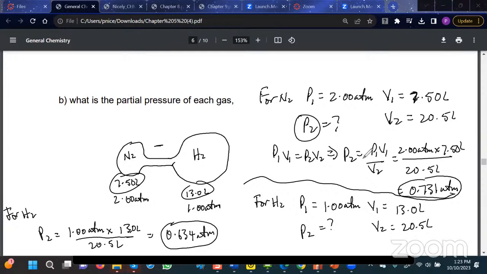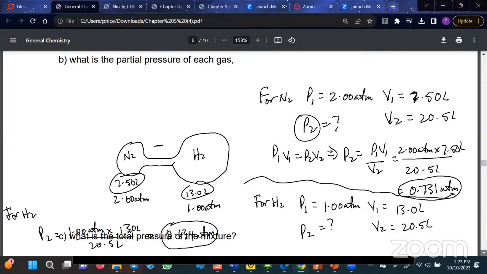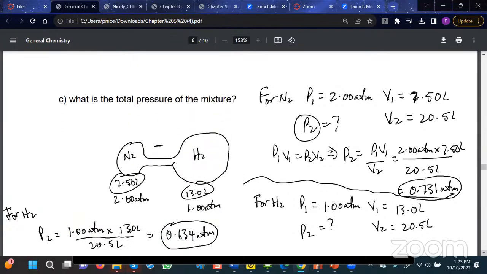Okay, so now we move on to the C part. What is the total pressure? That's too easy. What's the answer? Exactly. So all you have to do is add the 0.731.